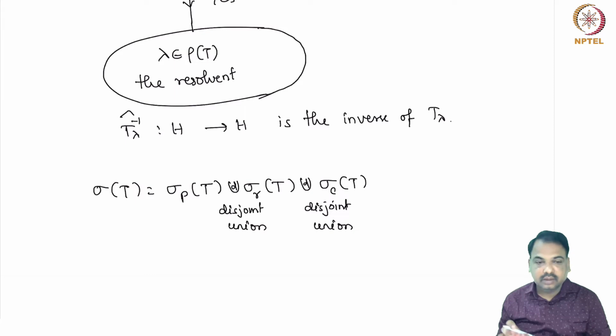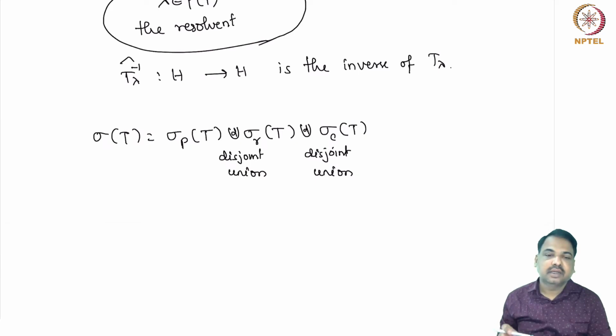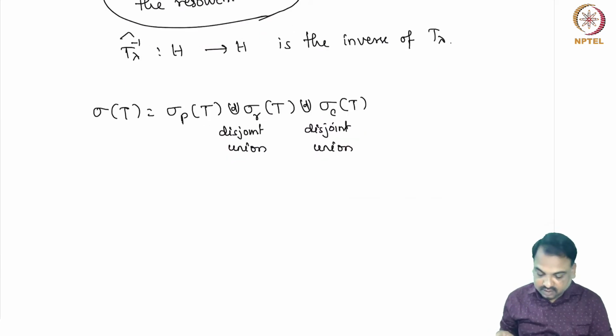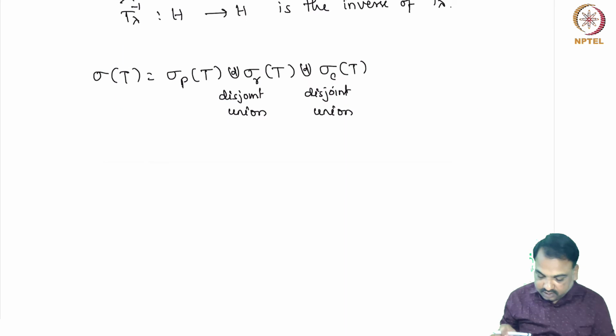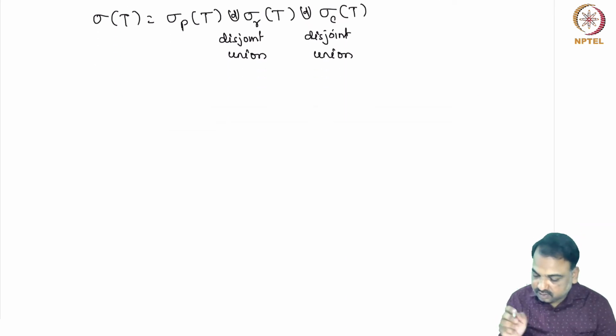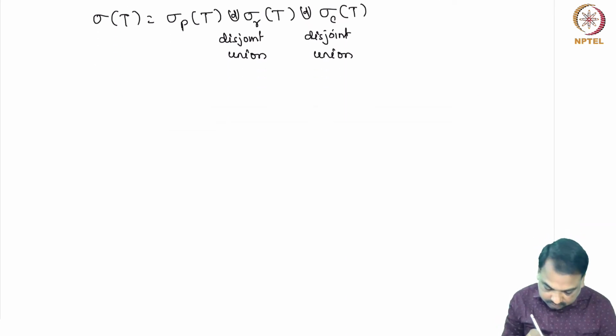Now using these small parts of the spectrum, we can get the full spectrum by taking the union of all these sets. Okay, so let us again write down the definition of each spectrum.